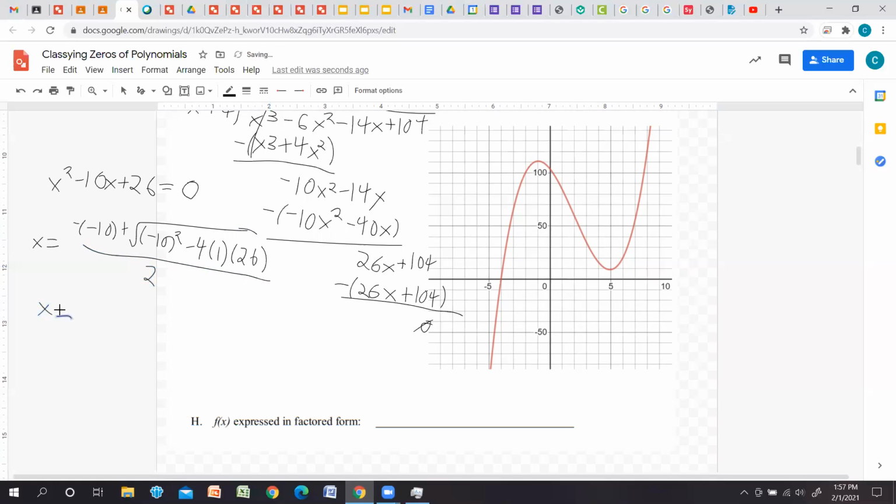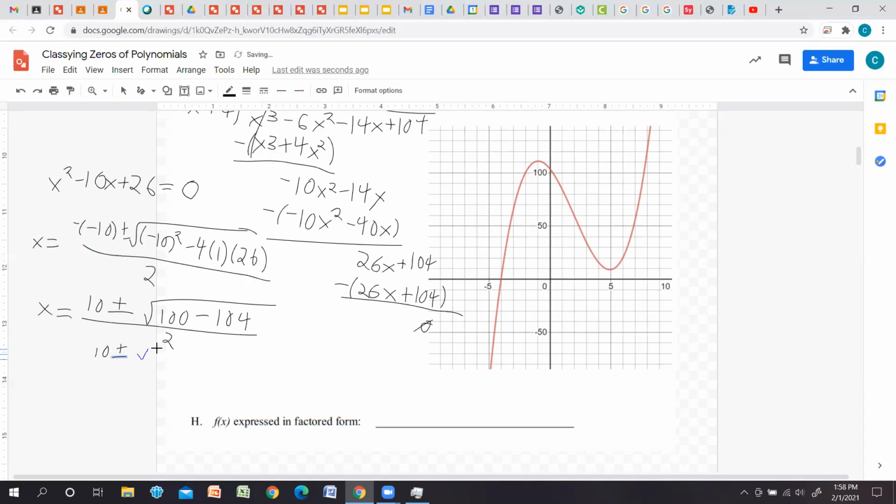So let's simplify some of this. We get 10 in front. Negative of a negative is a positive. It's plus or minus. So in the square root, we get 100 minus 104, which is negative 4. So we get 10 plus or minus the square root of negative 4.